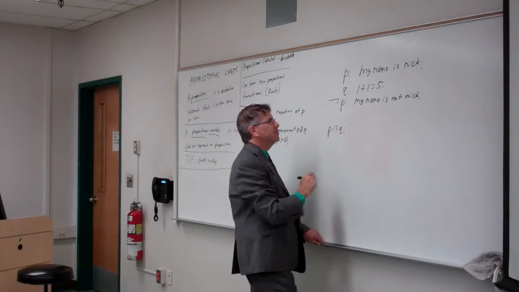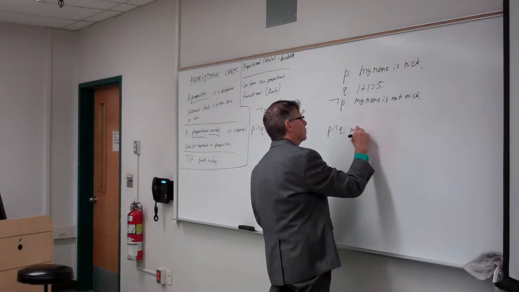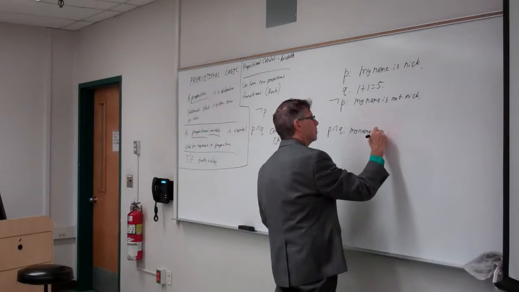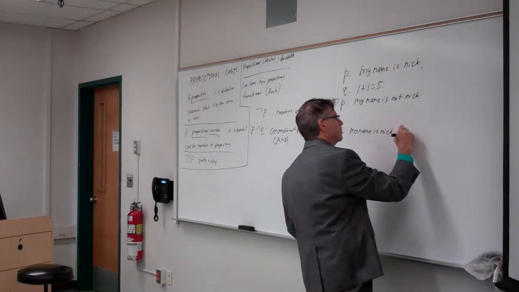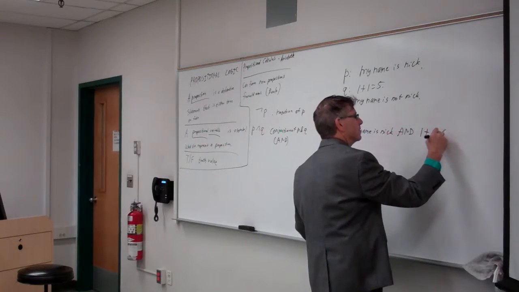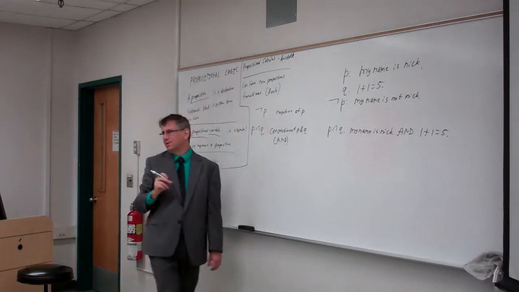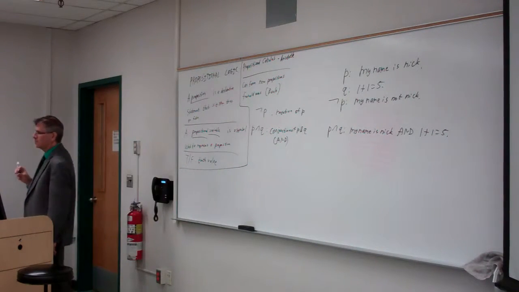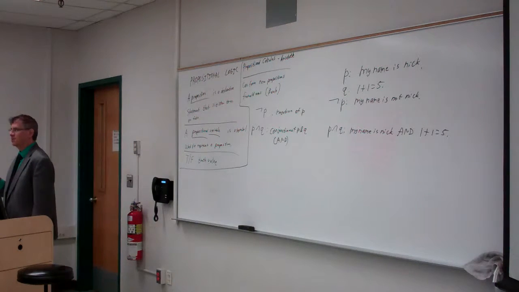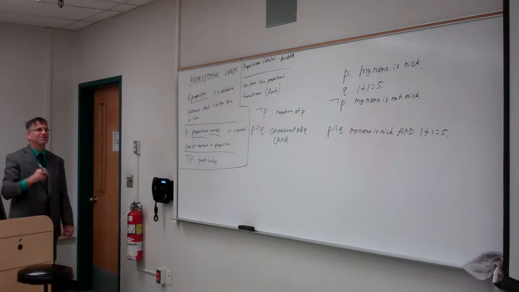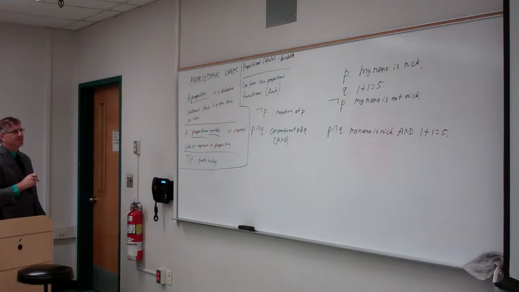So P and Q says my name is Nick, and 1 plus 1 equals 5. Declarative statement? Yeah. True or false? Yes. Happens to be false, but it's either true or false.